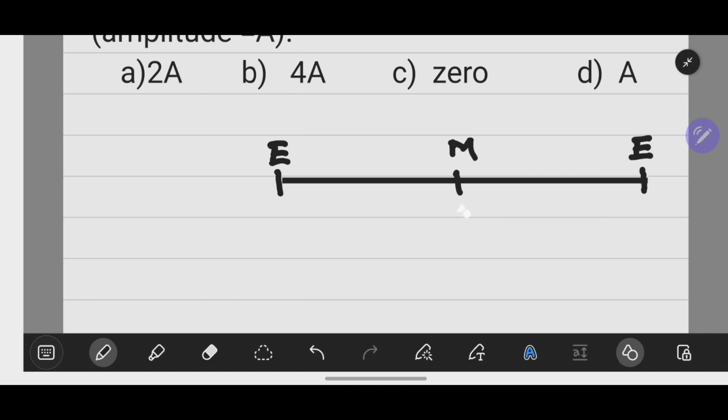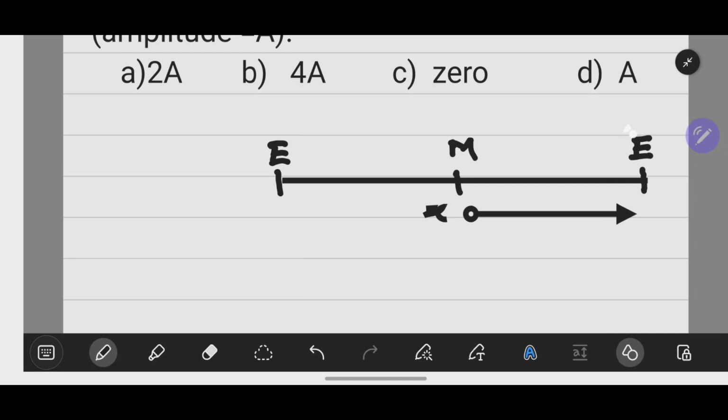During that one oscillation, here is the path. If it starts from the mean position, x is equal to 0, and from that the distance covered is this much. This is the distance covered from mean to extreme.